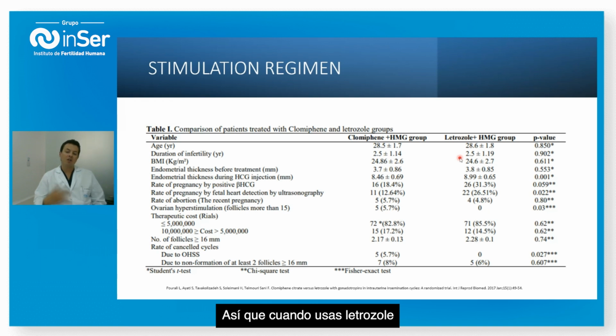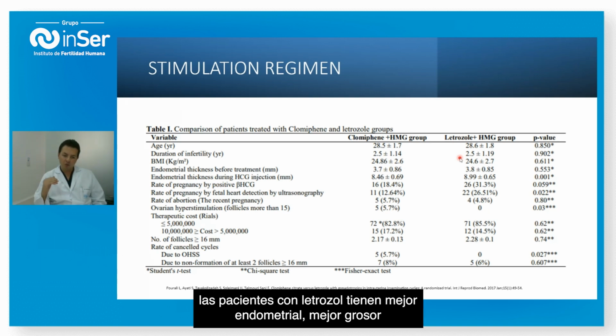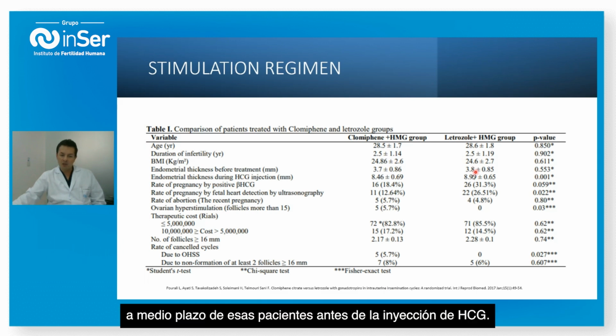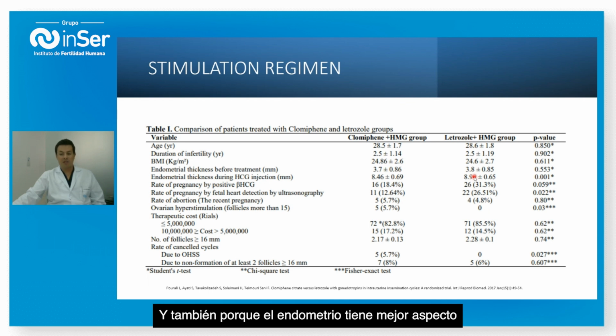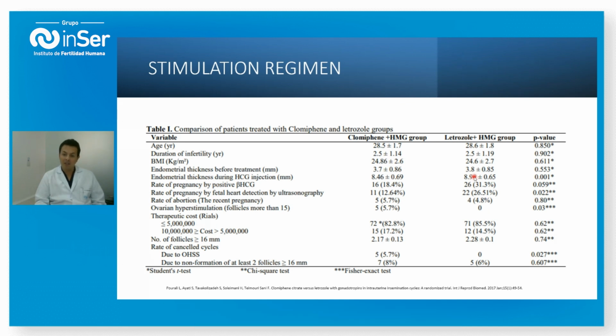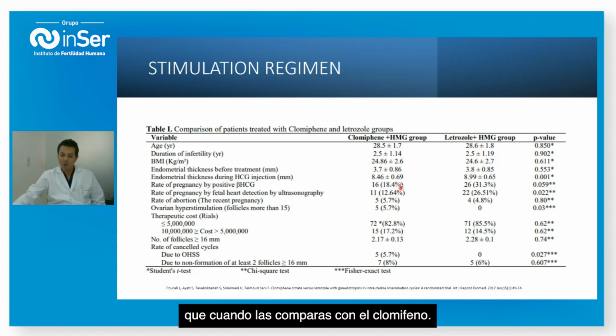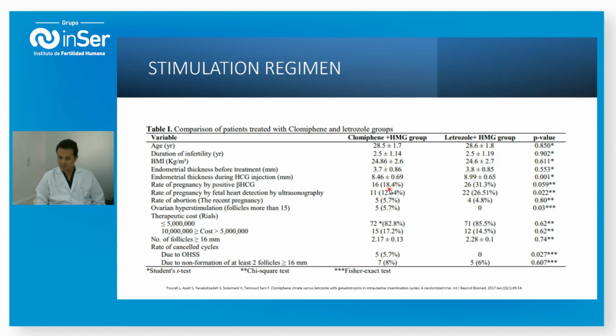So actually, patients on letrozole have better endometriums, better endometrial thickness, before the HCG injection. And because the endometrium looks better, the pregnancy rates are higher than when you compare them with clomiphene.